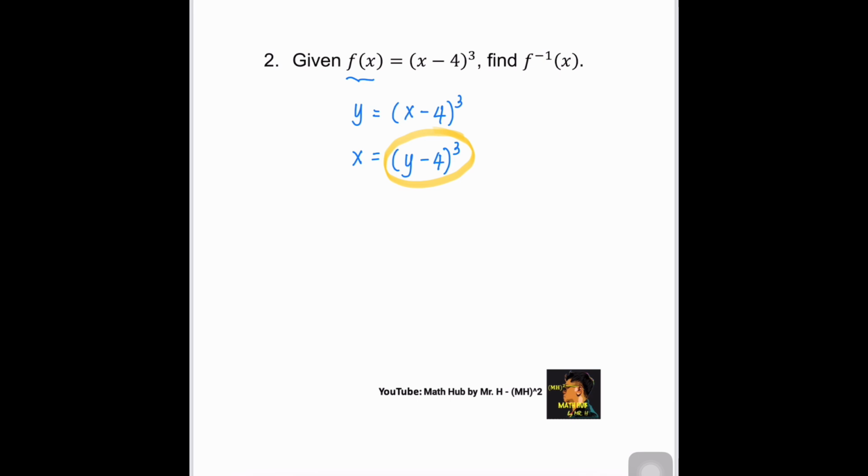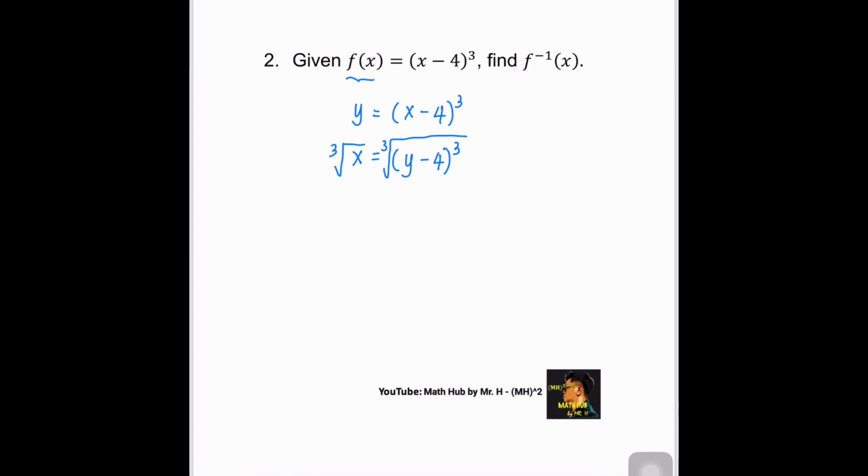To solve for y here, we need to get the cube root of both sides, because this is raised to the power of 3, and we need to do the opposite, which is taking the cube root of both sides.